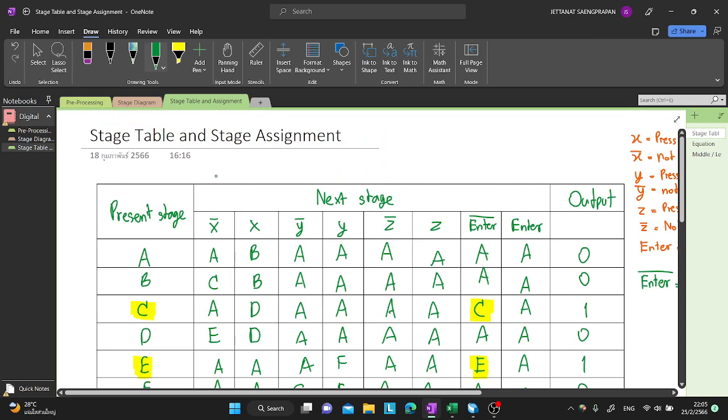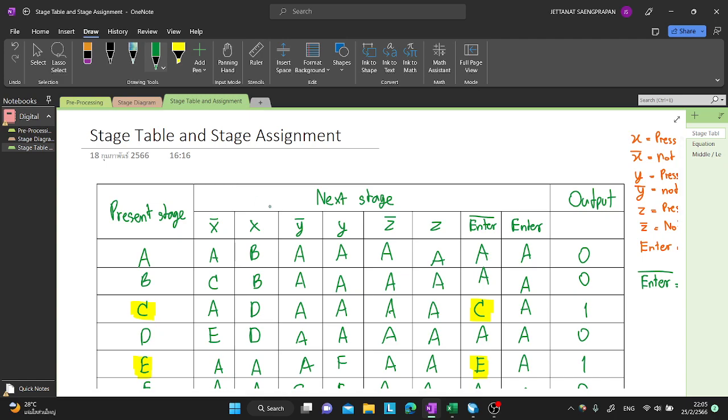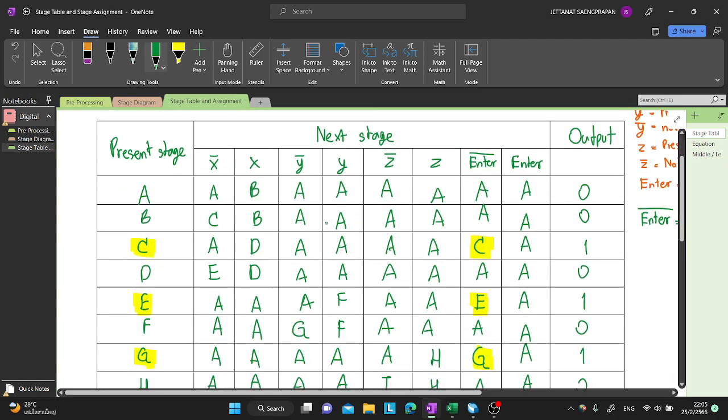It's like a state table, but state assignment changes everything in here to numbers.